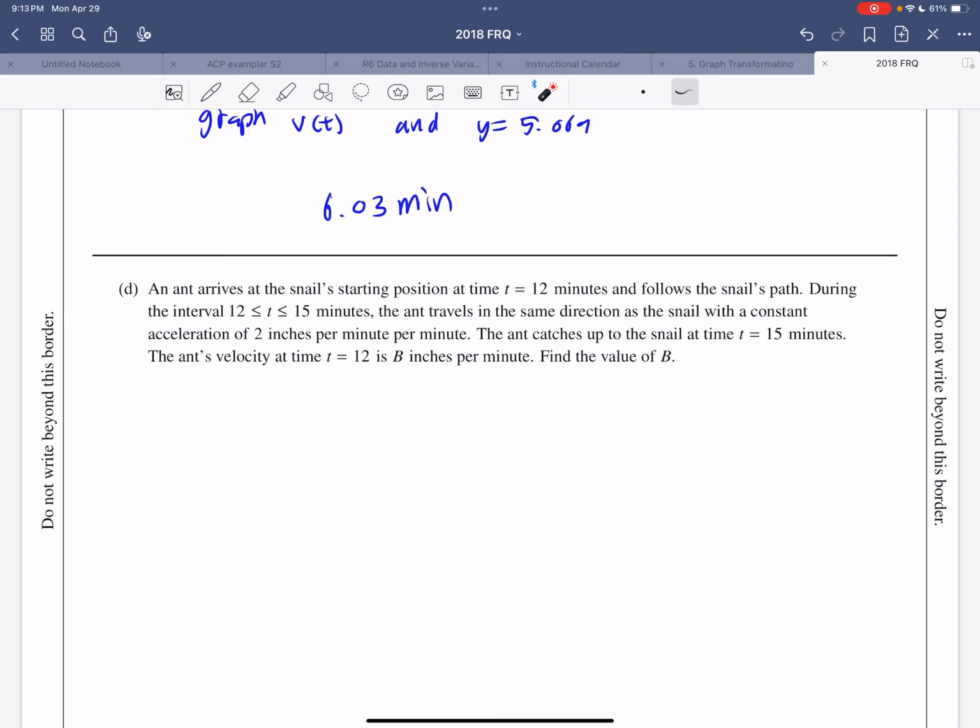According to this question, the acceleration a of t for the ant is equal to 2. The ant catches up to the snail at time t of 15, and the ant's velocity at time t equals 12 is b inches per minute. You want to find the value of b.